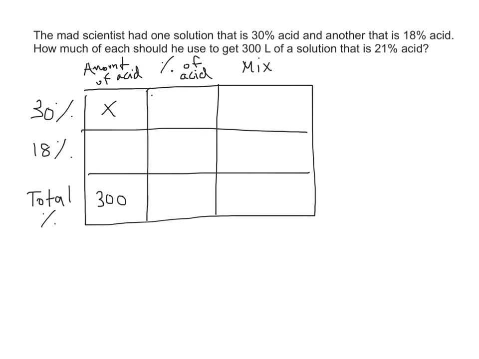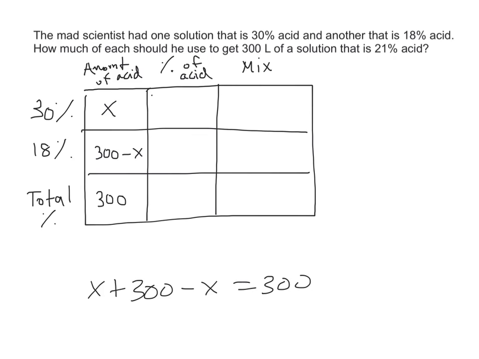And if we want to add these together, if we just want to make a temporary name, let's just call this 300 minus X. Because we just need to know how much of 30% we have, but we don't really need to know the other values. So we're just going to call it 300 minus X so that when we write the equation, it doesn't matter what X is.